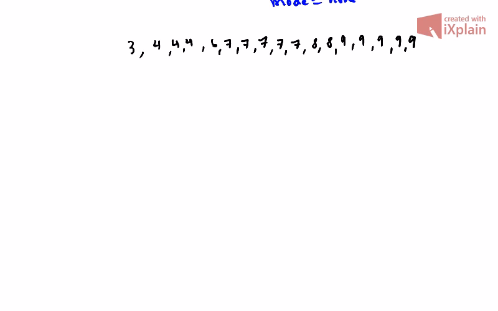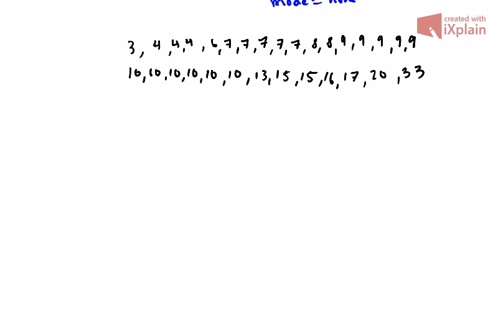Let's say we've got a data set of 3, 4, 4, 4, 6, 7, 7, 7, 7, 7, 8, 8, 9, 9, 9, 9, 9, 10, 10, 10, 10, 10, 10, 13, 15, 15, 16, 17, 20, and 33. These are all backpack weights.